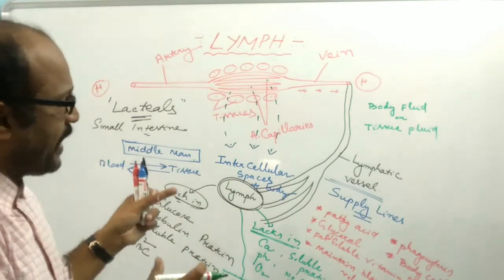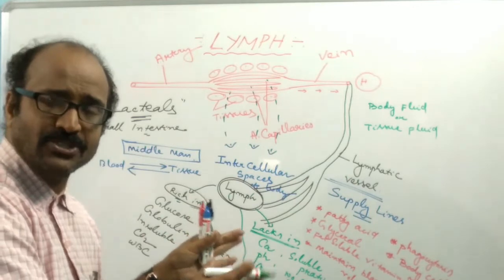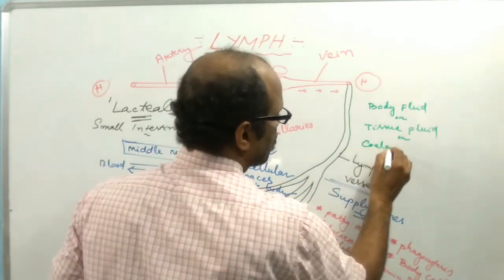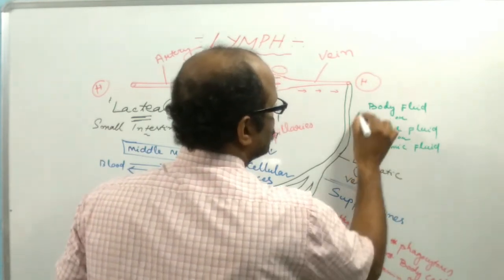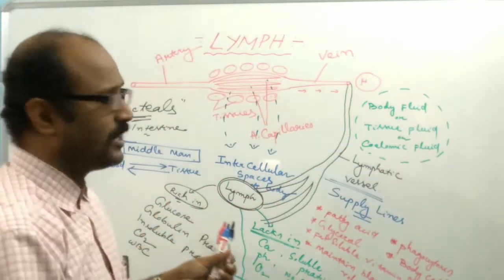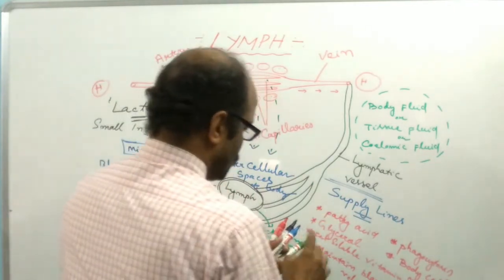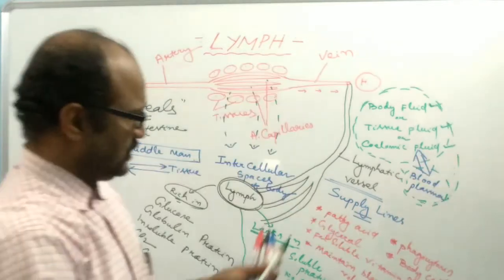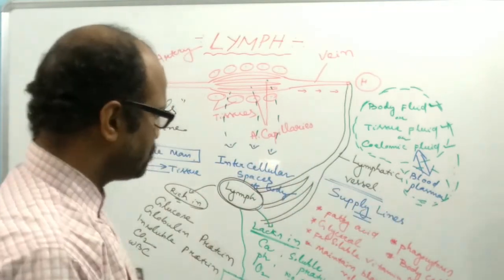Such lymph is also present in the coelom, and in some cases it is known as coelomic fluid. These body fluid, tissue fluid or coelomic fluid are basically similar to the blood plasma.